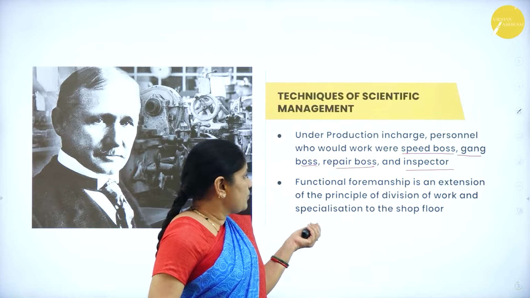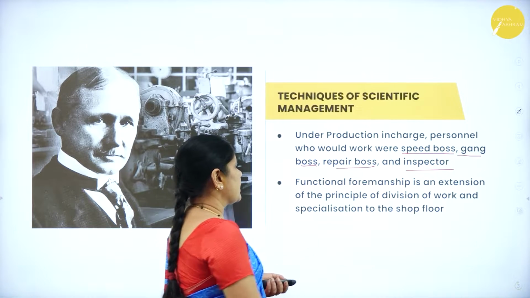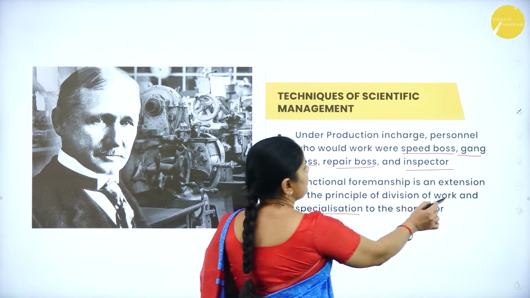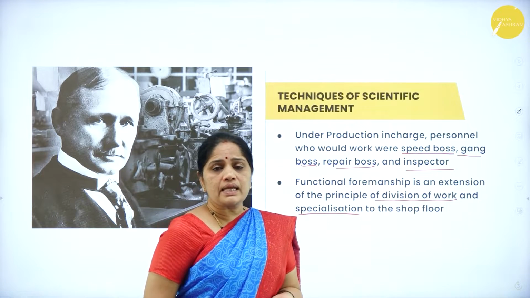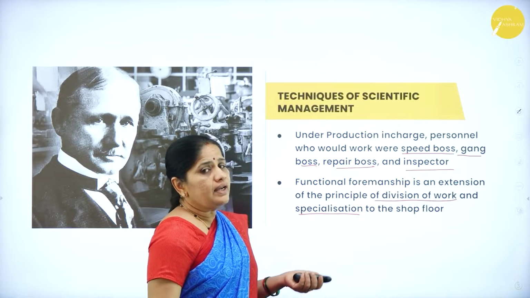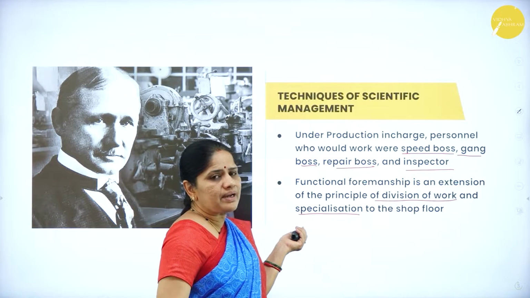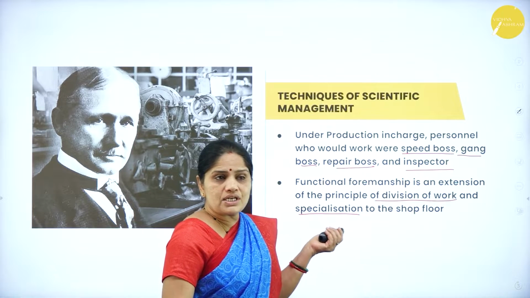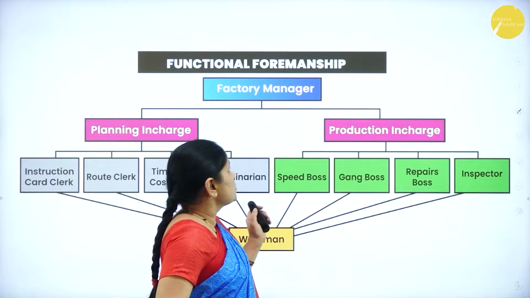Functional foremanship is an extension of the principle of division of work and specialization. We all know that through the division of work, a person can become efficient. If you correlate it with the technique of scientific management, we can see that it is an extension of the principle of division of work at the shop floor.